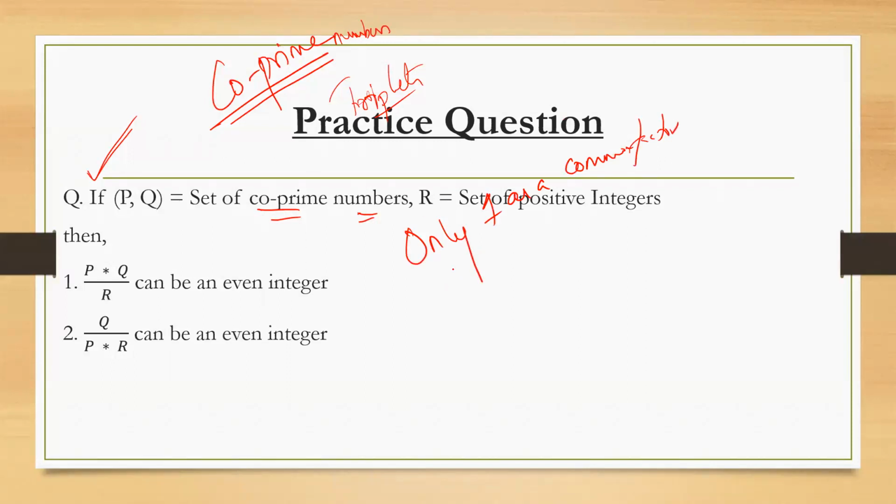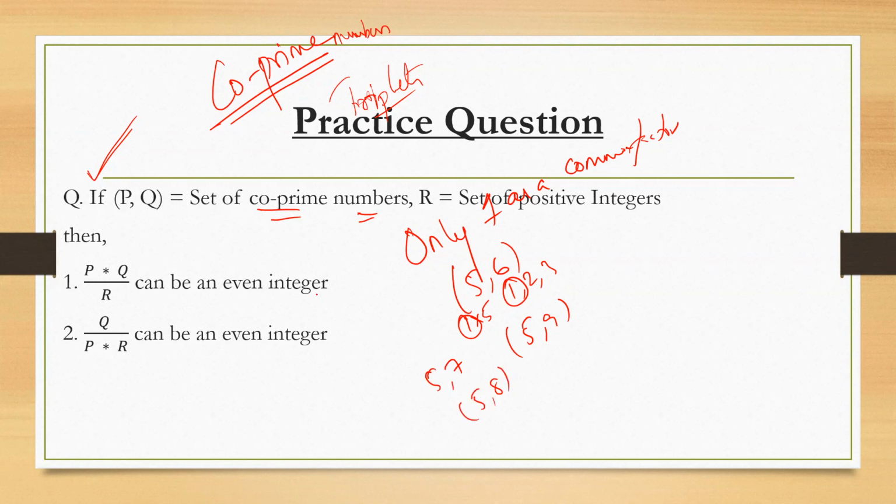Okay, for example, 5 and 6, they are co-prime to each other. That means a common factor between them is what? 5 can be written as 1 and 5. Here 6, the factors are 1, 2, 3. The common factor is 1. Similarly, 5 and 9 also could be there. 5 and 7 could be there. 5 and 8 could be there.